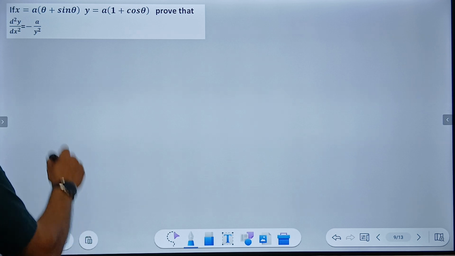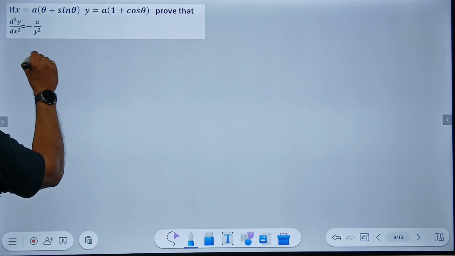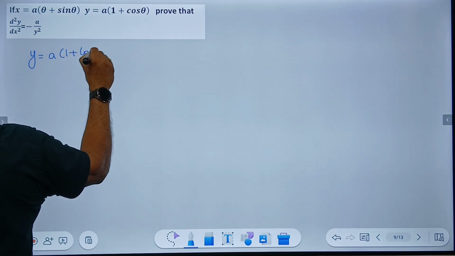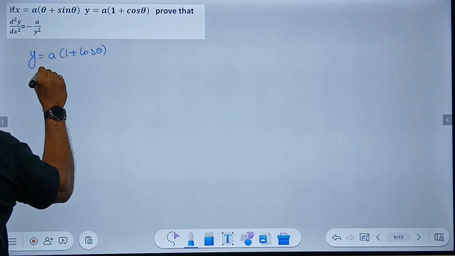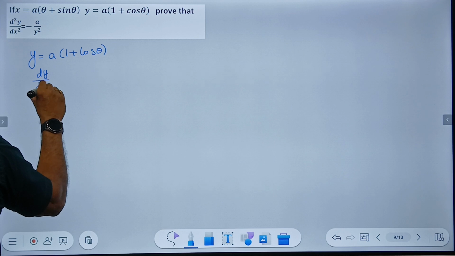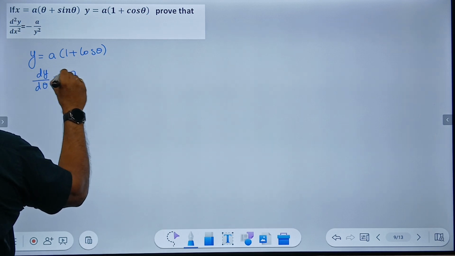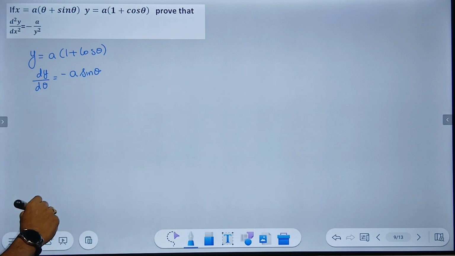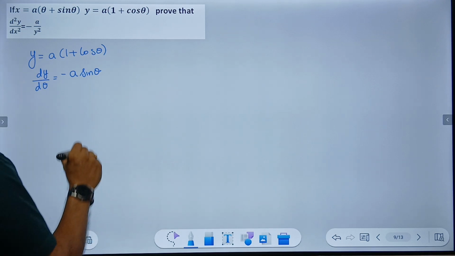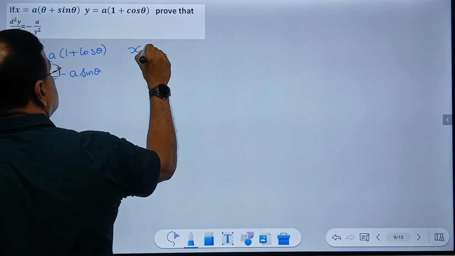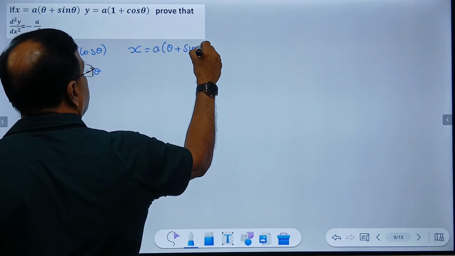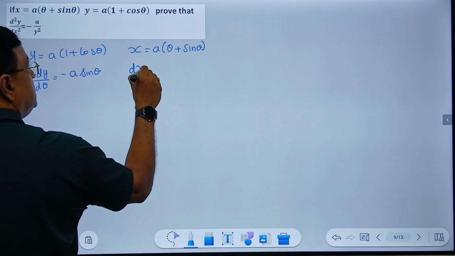Okay, the next one is y equal to a into 1 plus cos theta. What is dy by d theta? Dy by d theta will be a into minus sine theta, because differentiation of 1 is 0, cos theta differentiation is minus sine theta. And then I have x is equal to a into theta plus sine theta. So what is dx by d theta?